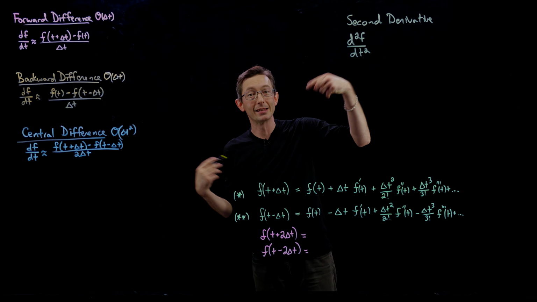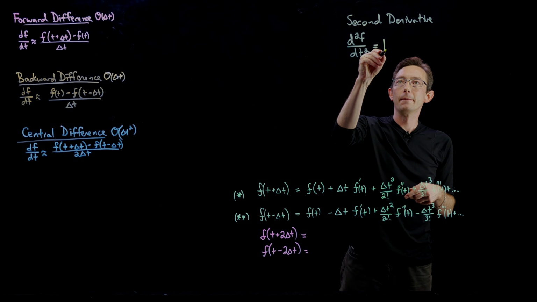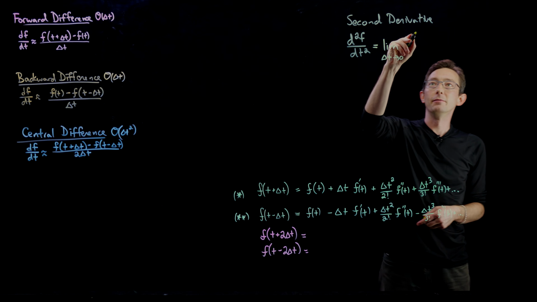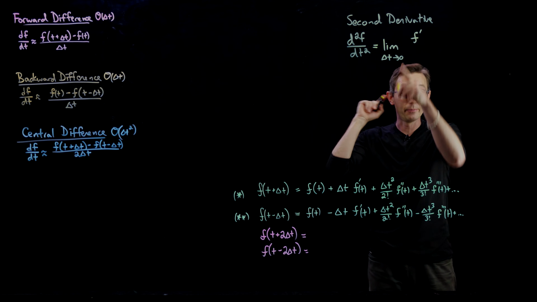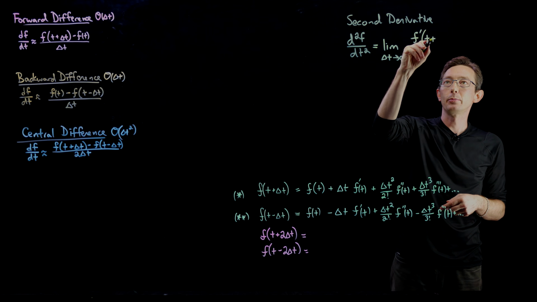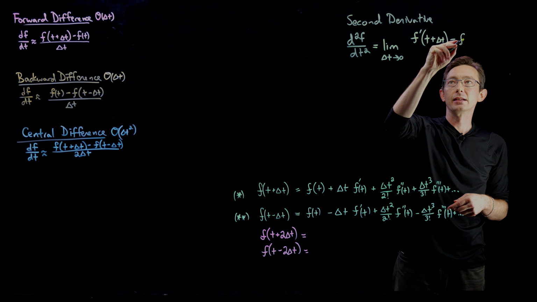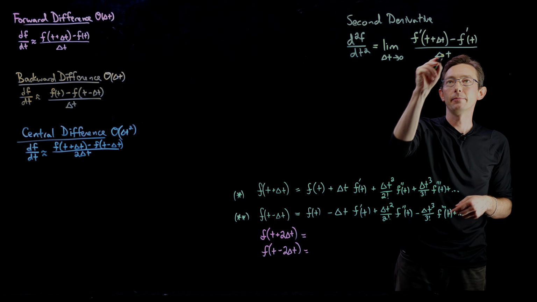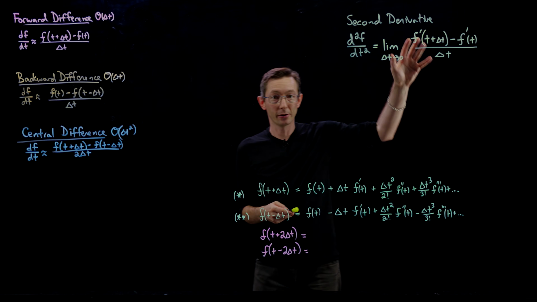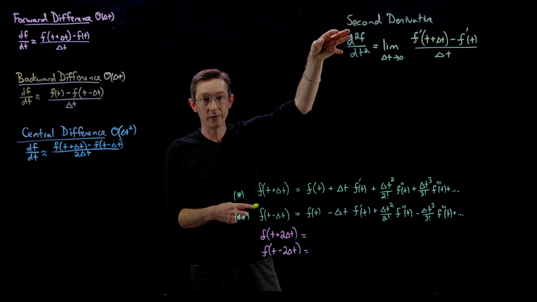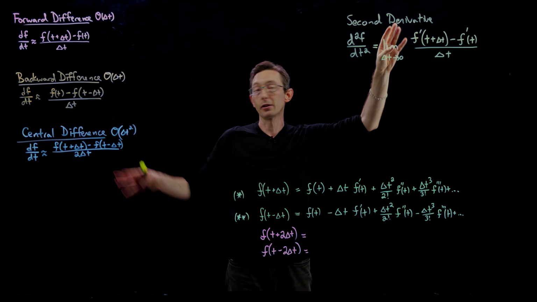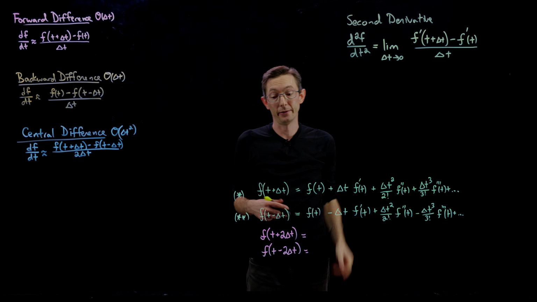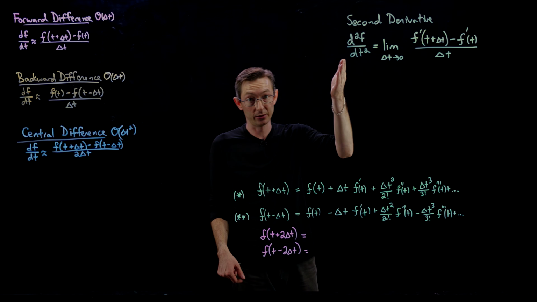And again, we could write this as the limit as delta t goes to 0 of my first derivative, f prime, evaluated at t plus delta t minus my first derivative at t, divided by delta t. And you could take that limit as delta t goes to 0, and then this would be the honest to goodness second derivative. But again, as we did here, you could drop this limit and just take this finite difference to approximate the second derivative.